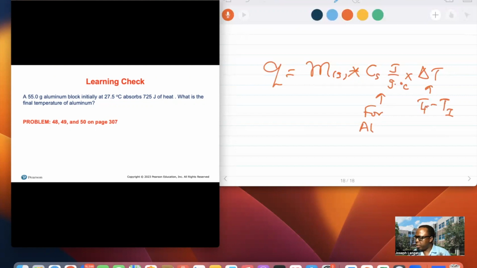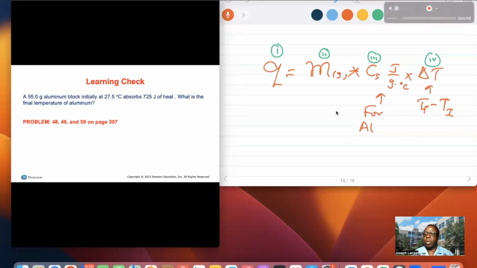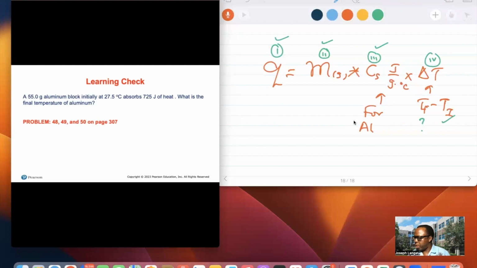If I number these as 1, 2, 3, and 4, if we know three of them, we can calculate the fourth one. We are looking for T final. We know the initial, the mass, the heat, and we need to plug into the equation.